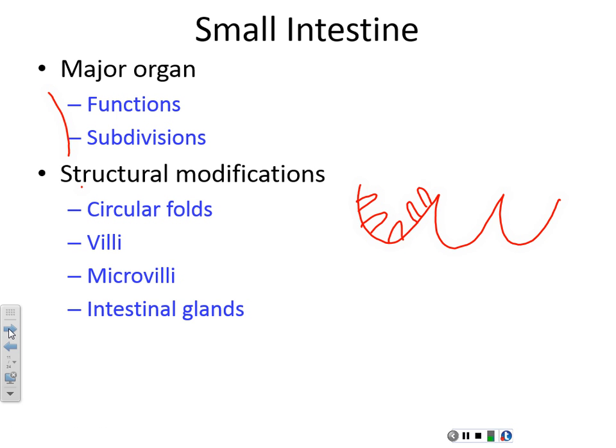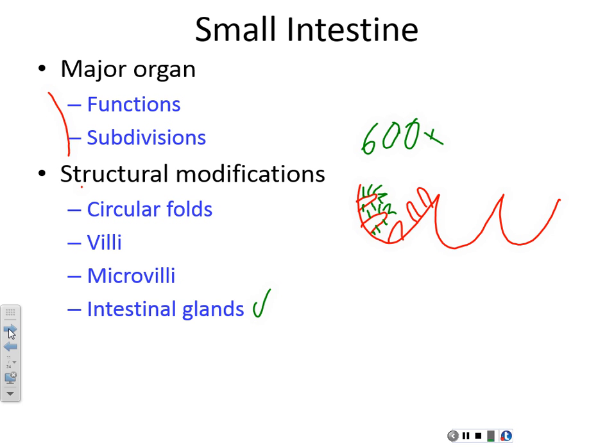okay. And then we talked about how it's got microvilli. And we said it increases the area by how many times? Right, 600 times. Increases the area, and that's because of that. Okay? And then, of course, the intestinal glands in the pits will produce all these peptidases, right? Some of them will produce cholecystokinin, right?